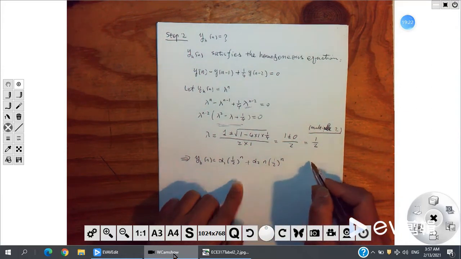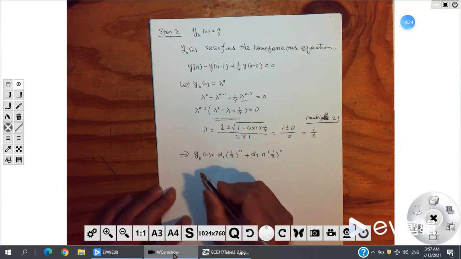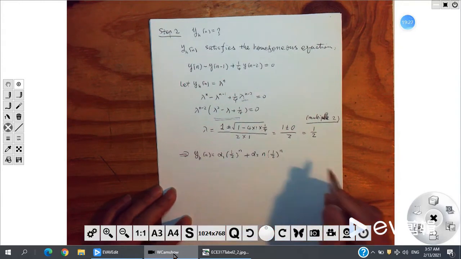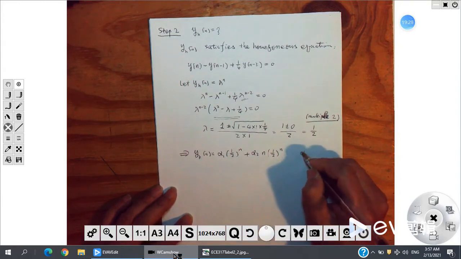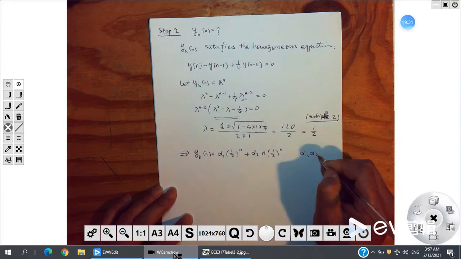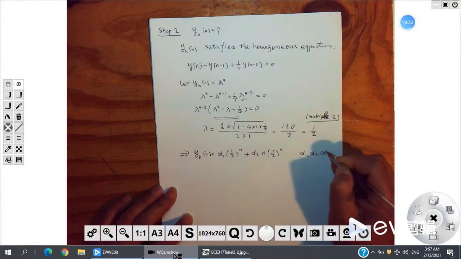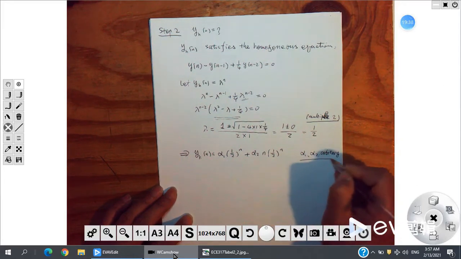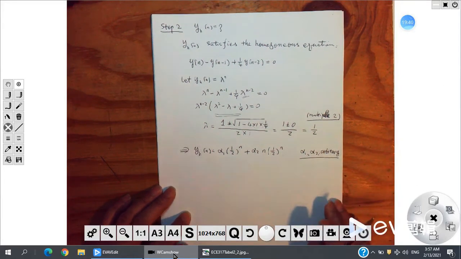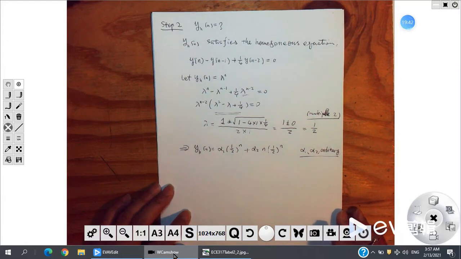Alright. Okay, so this is a homogeneous solution. Alpha 1, alpha 2, they are arbitrary numbers. Any numbers can work.